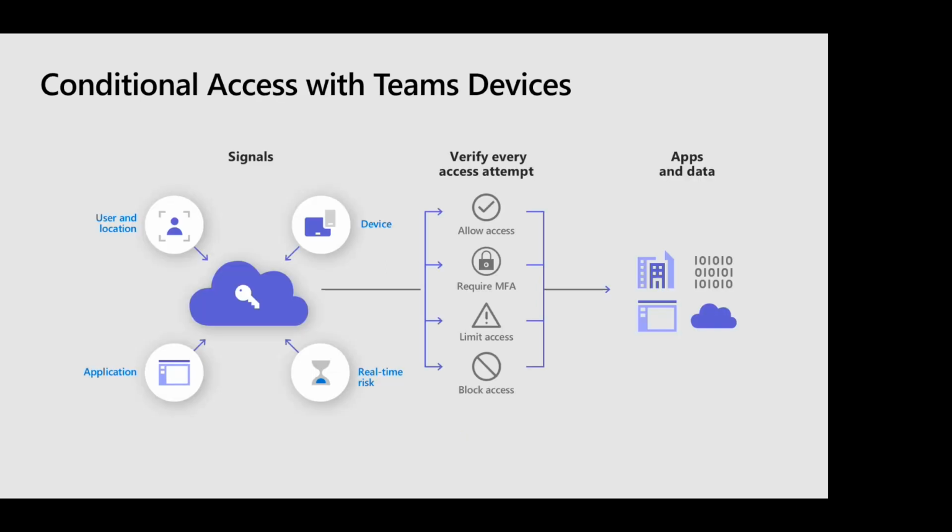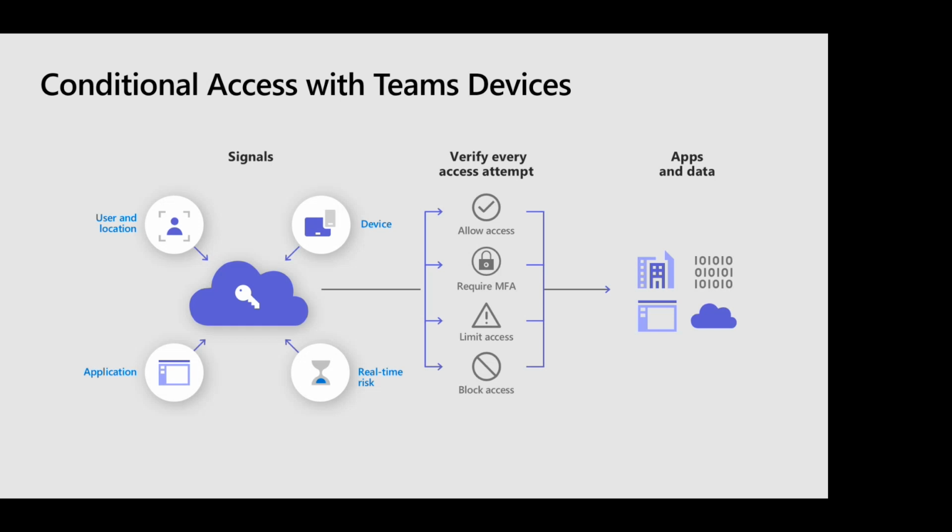And then when we talk about conditional access with the Teams devices, if you're new to conditional access, at a high level, think of it like a series of if-then statements, or even a checklist that acts as a gate that must be opened before access is granted. For example, if a user wants to access company resources, they must complete an action using the Authenticator app on their cell phone.